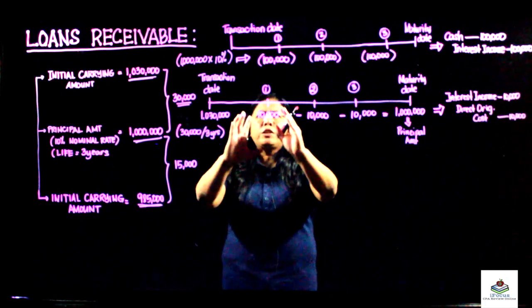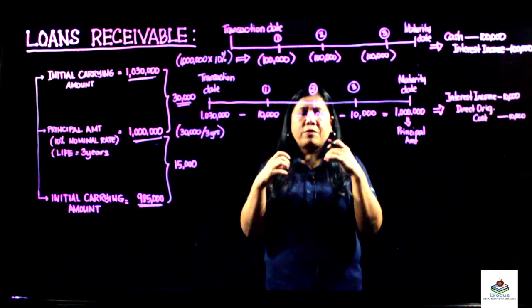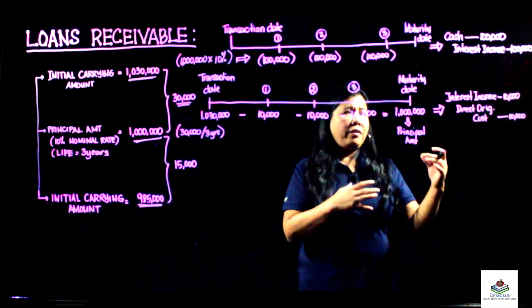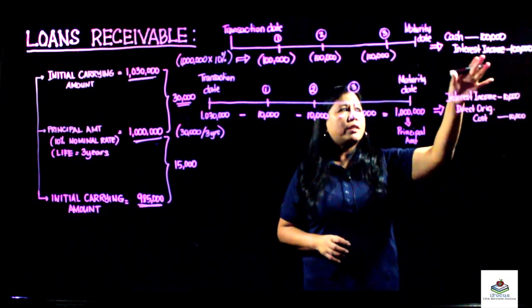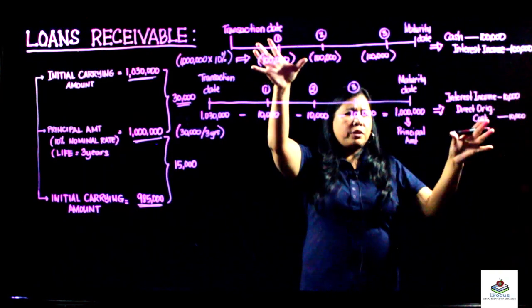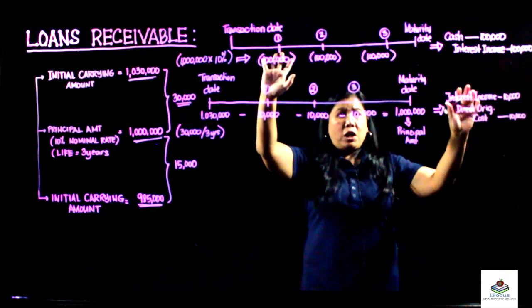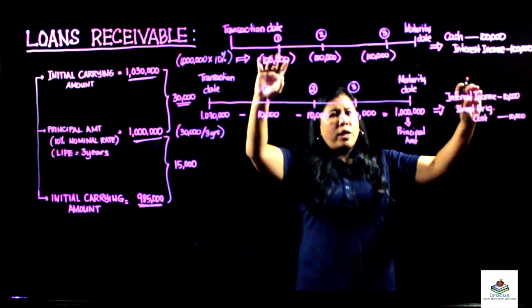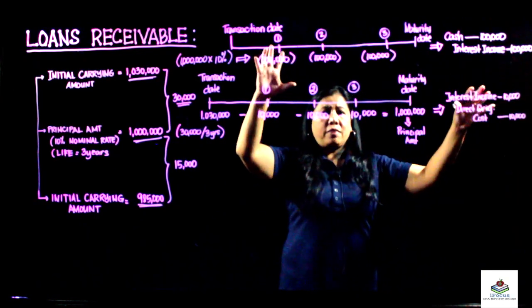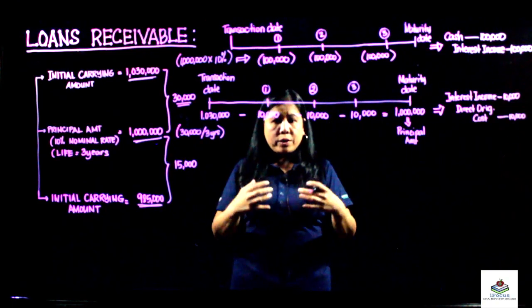So on the first year of this loans receivable, our interest income will be 90,000 because we receive interest of 100,000, but we amortize the 30,000 premium. We debit interest income, so we deduct 10,000 from the interest income we earned or received.